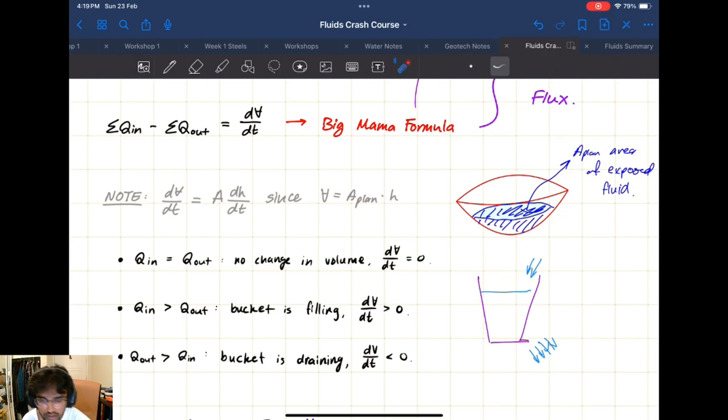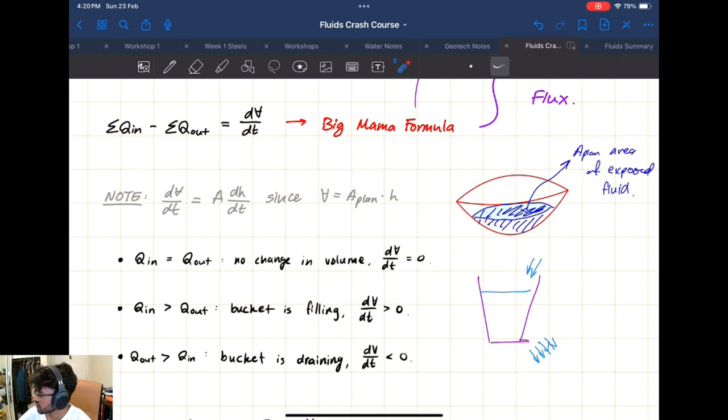I'm not sure if there's any better way to explain this, but when it comes to continuity, or bucket hydraulics, you can think about this bucket scenario. If the amount flowing in is greater than the amount going out, the bucket will fill up. In the opposite case, if the amount flowing out is greater than the amount flowing in, the bucket will drain, or decrease in volume.